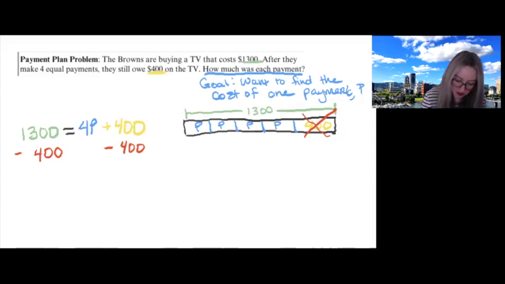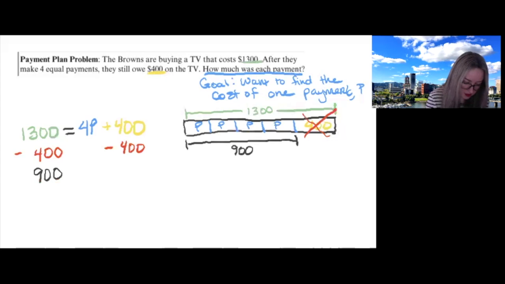So with this strip model, what I have now is 1,300 minus 400. So this is $900 here. 900. And that is equal to my 4 payments.